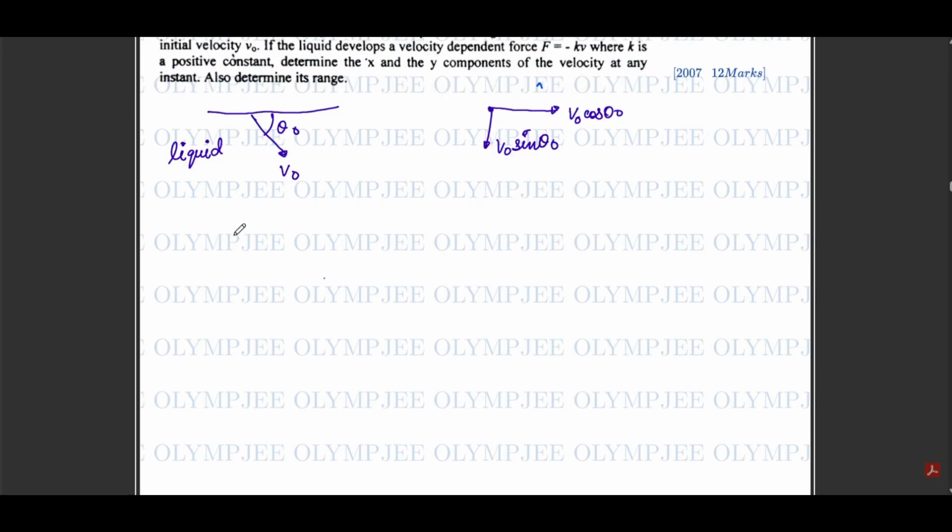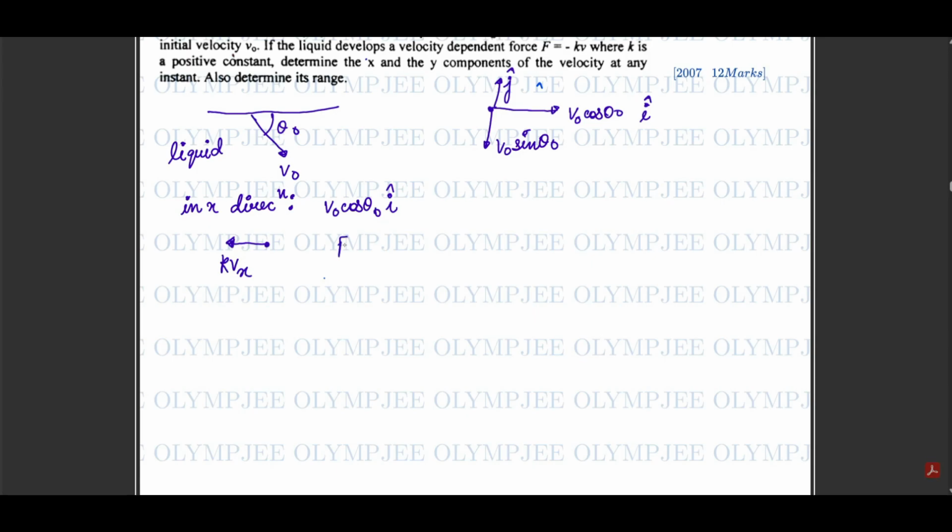Let us analyze in the x direction first. In x direction we have the initial velocity as v naught cos theta naught i cap, and the force acting on it is kvx in the minus i cap direction.